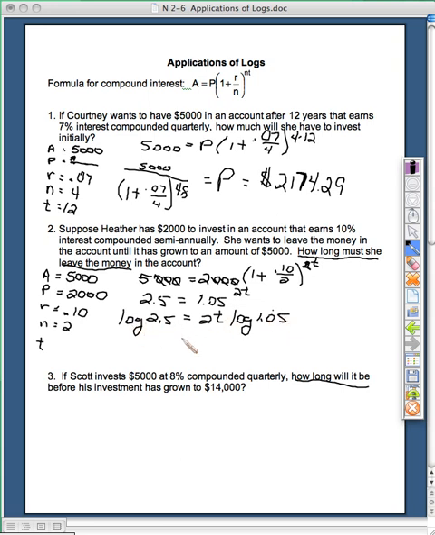We want the t by itself, so we're going to divide by 2 log 1.05 on both sides.